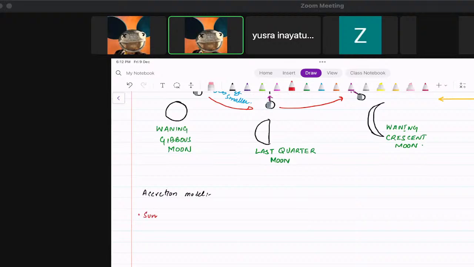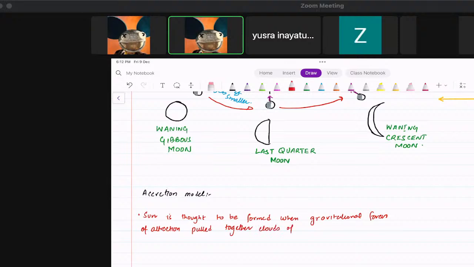The sun is thought to be formed when gravitational forces of attraction pulled together clouds of hydrogen gas and dust.